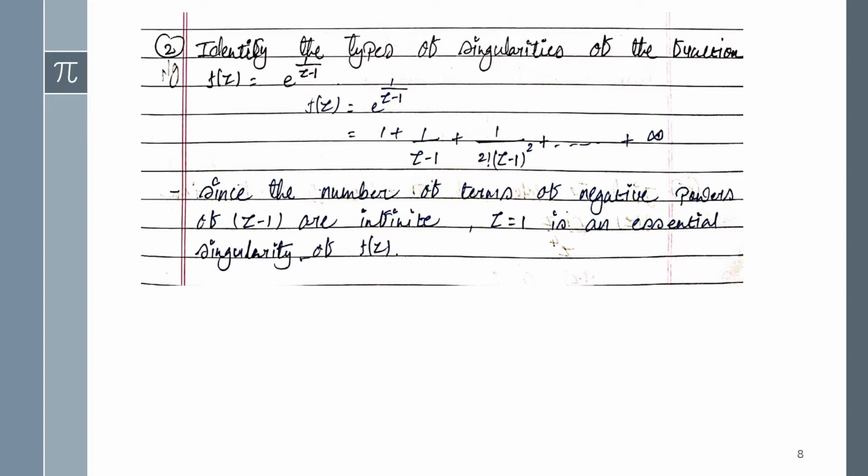So from the equation, the function given is e raised to 1 upon z minus 1, and this is of the type essential singularity, because I have already cleared that here the functions will be in series form.